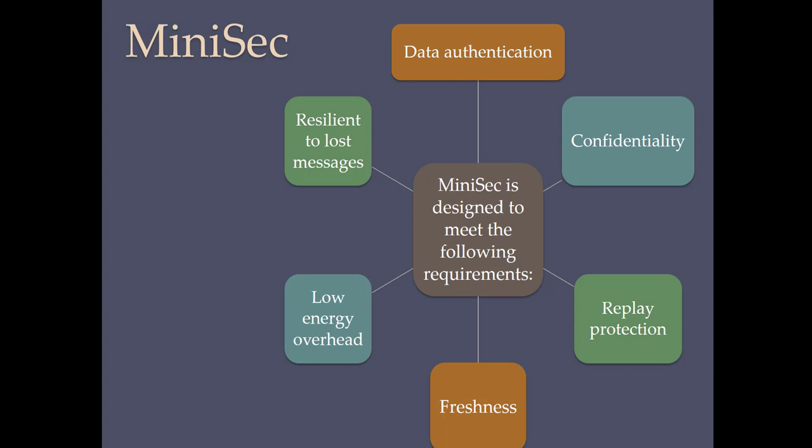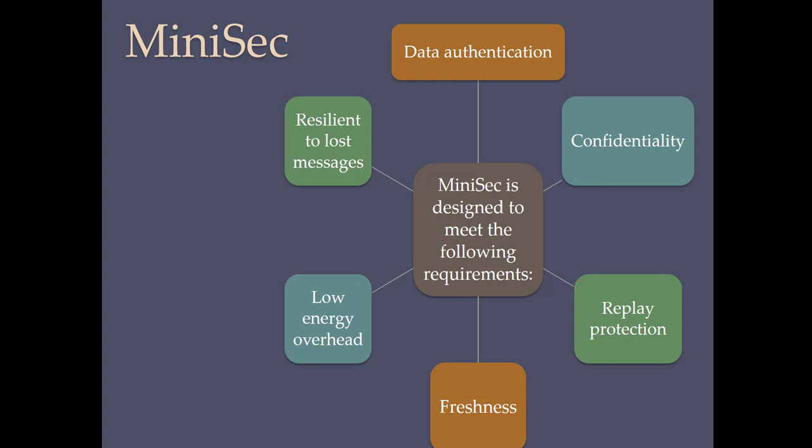Confidentiality, and this is a basic requirement for any secure communication, right? So it has to be provided. Also, replay protection. So if I capture a packet from one node to the other, and after that I send this packet again to the node, it provides protection against anyone who captures a packet and then replays it at any later time.